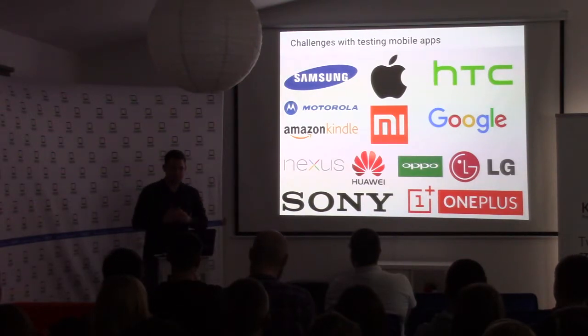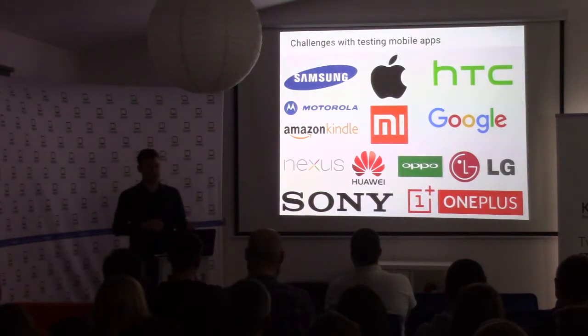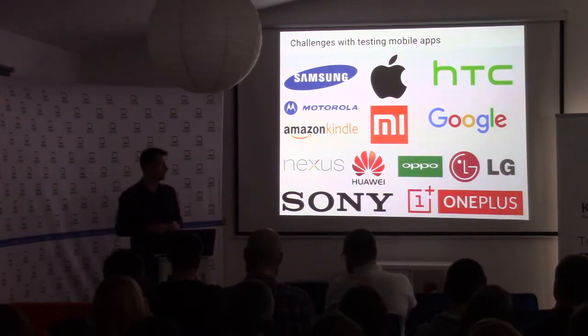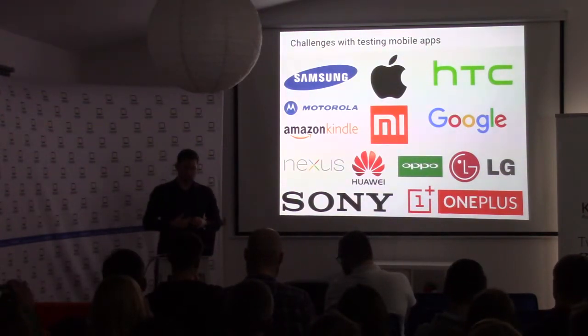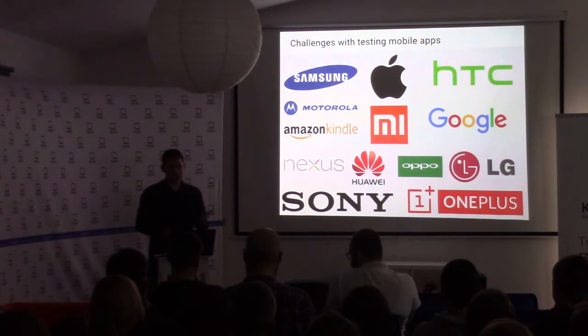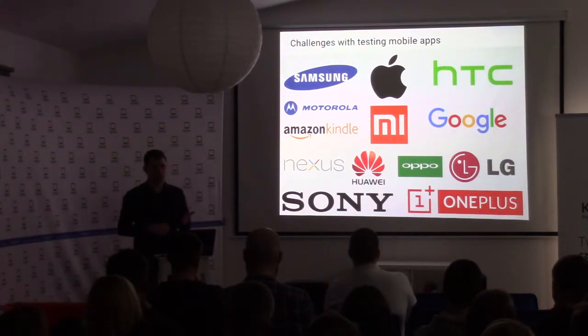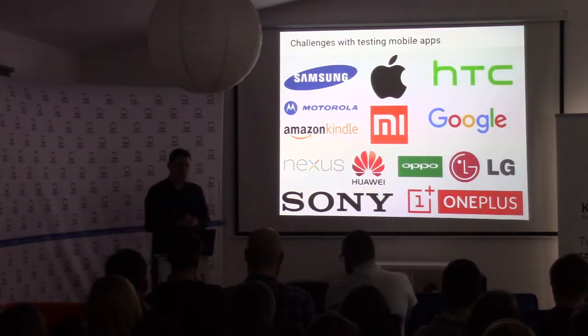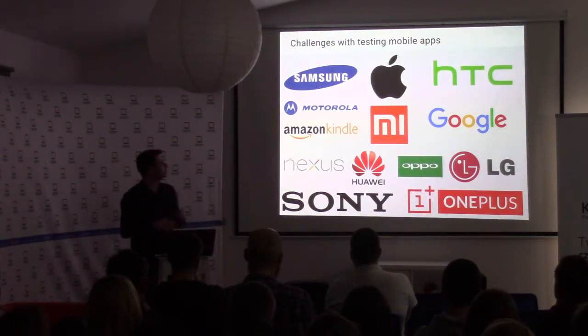Let's start with some challenges that mobile software testers may face when they are starting their career with testing mobile apps. The first one: we have a big number of manufacturers of mobile devices on the market, like some of the leaders Samsung, Apple, HTC, or Huawei. And we have some a bit less known ones like Oppo, OnePlus, and Xiaomi.